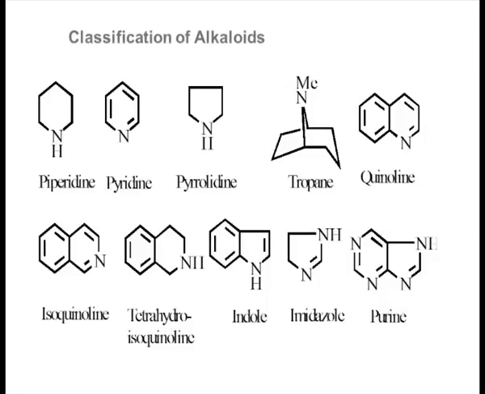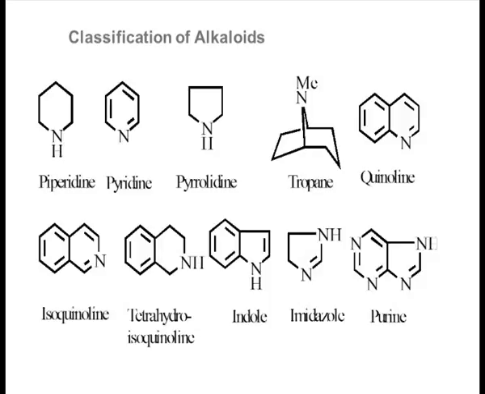I have some more structures where the alkaloids have been classified depending on the structural features present. Like if I ask what type of alkaloid is this one, the answer should be piperidine, because piperidine is the reduced form of pyridine. What type of structure is this? That is pyrrolidine. Tropane is another nice compound, one example I gave you. Quinoline is a benzopyridine.